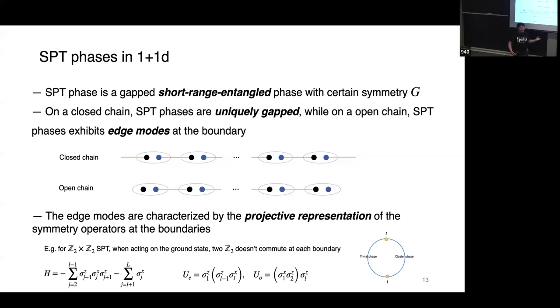Therefore, on the boundaries, the boundary state must form a projective representation. So this is a way to detect different SPTs. And I will also use this method later for SPTs with non-invertible symmetries.